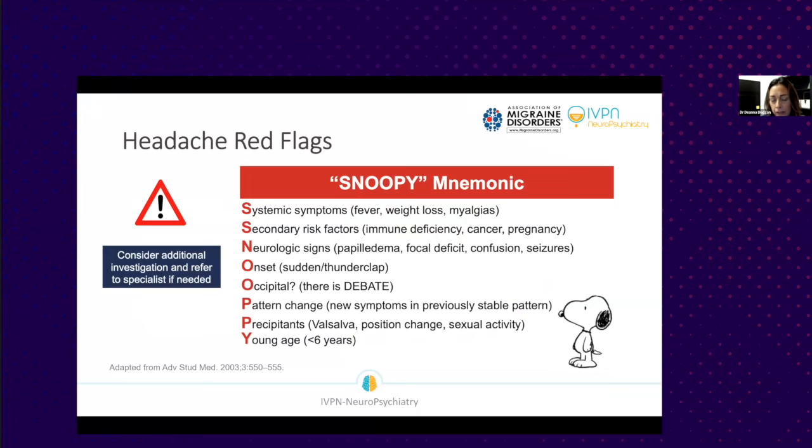So any systemic symptoms, secondary risk factors like immune deficiencies, cancers. In kids, diabetes type 1. If their sugars are not adequately controlled, that can certainly exacerbate and potentiate headaches.